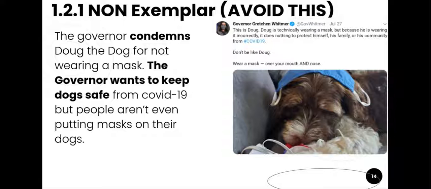The governor wants to keep dogs safe from COVID-19, but people aren't even putting masks on their dogs. I just want to remind you all that we are always going to be looking at the author's point of view. What is Governor Whitmer's point of view? And even though Doug is mentioned and there's a photo of Doug, this document is really not about Doug, okay?